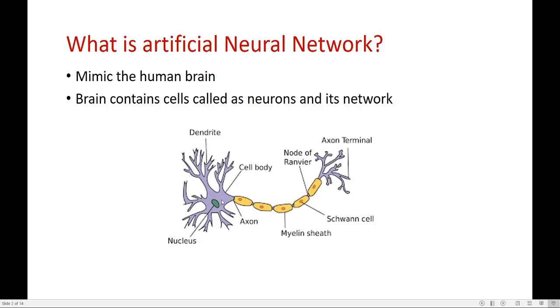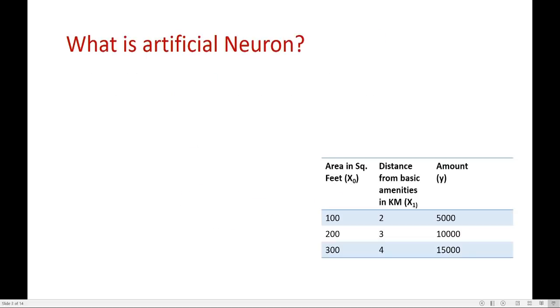A complex chemical reaction takes place in the body of this neuron, and if the output is greater than a certain threshold, then that output will be forwarded to the other neuron on the axon. The same working feature is considered while building the artificial neural network.